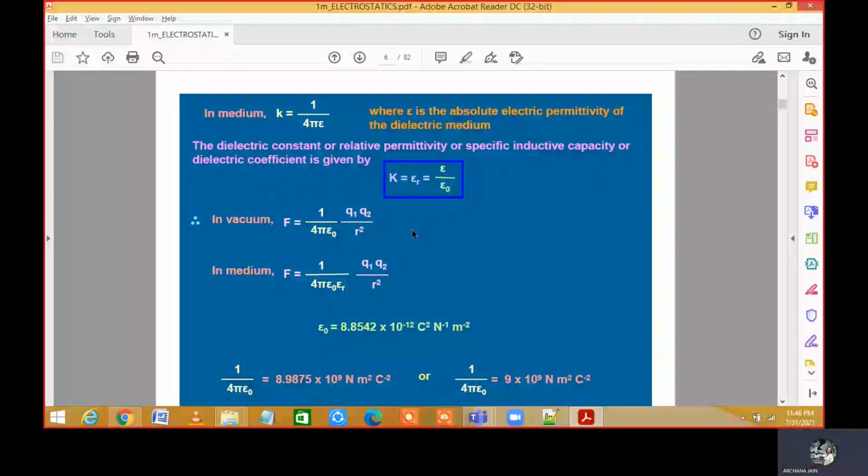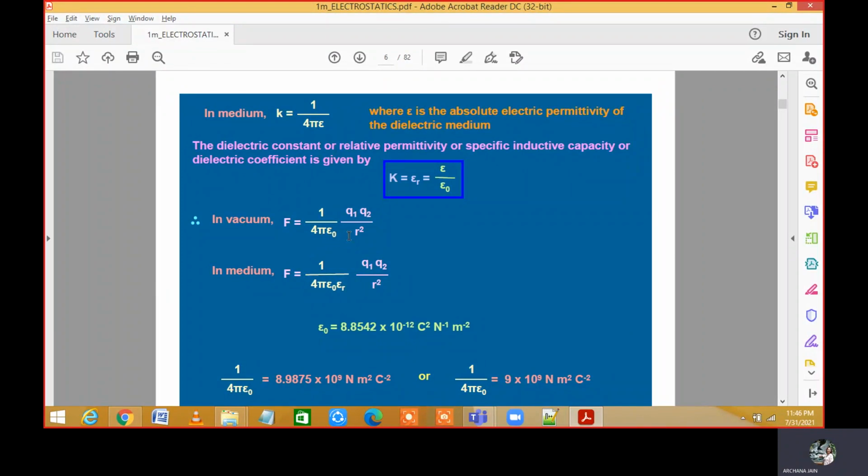Now we write Coulomb's law for vacuum and for medium. When we take two charges in vacuum, the value of the Coulomb's force is F is equal to 1 upon 4 pi epsilon naught Q1 Q2 over R square. But when we place these charges in a medium at the same distance, then the value of epsilon naught is changed.